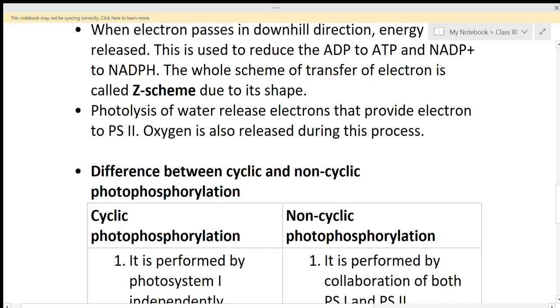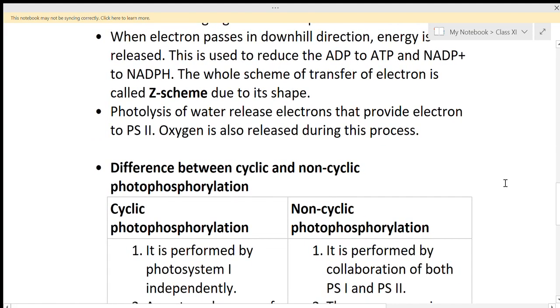Now here we can say there are two processes, cyclic and non-cyclic photophosphorylation. Phosphorylation is the synthesis of ATP in mitochondria and chloroplast.